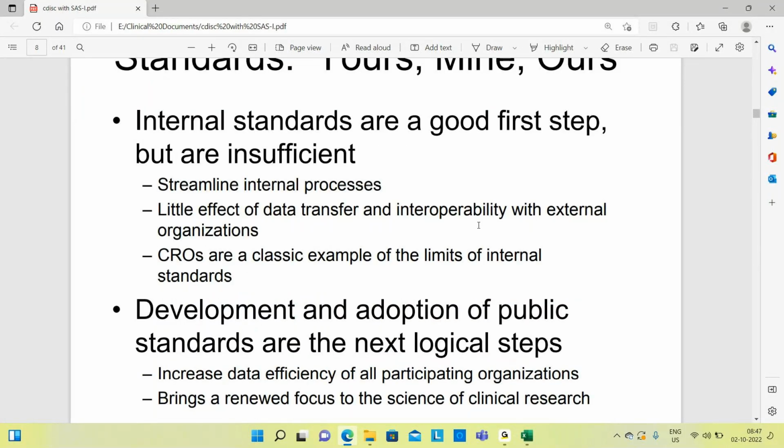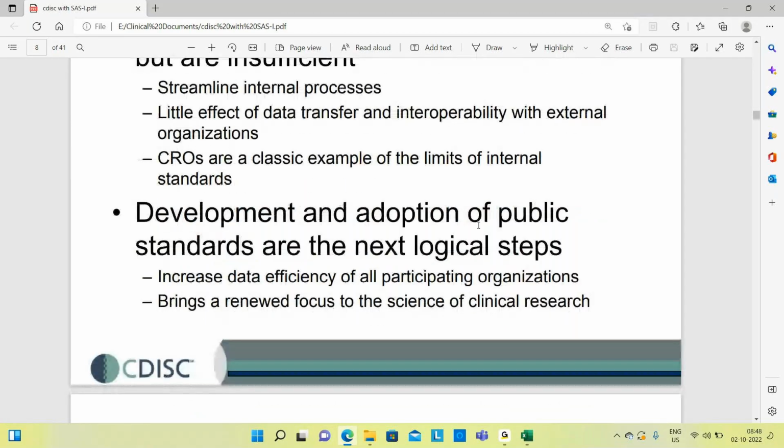CROs are a classic example of the limits of internal standards. Next, development and adoption of public standards are the next logical steps.